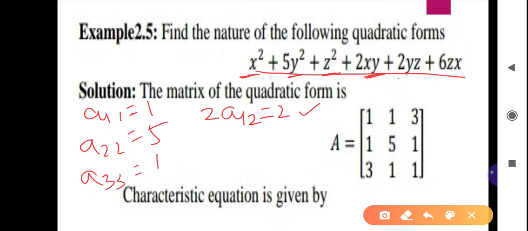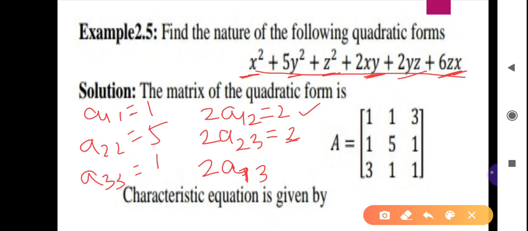Then here 2 times y into z, y is the second variable and z is the third variable, so 2 times A23 is 2. From that we will get the value of A23 as 1, and the third term is 6 times zx, so it is 2 times A13, x is the first variable and z is the third variable.